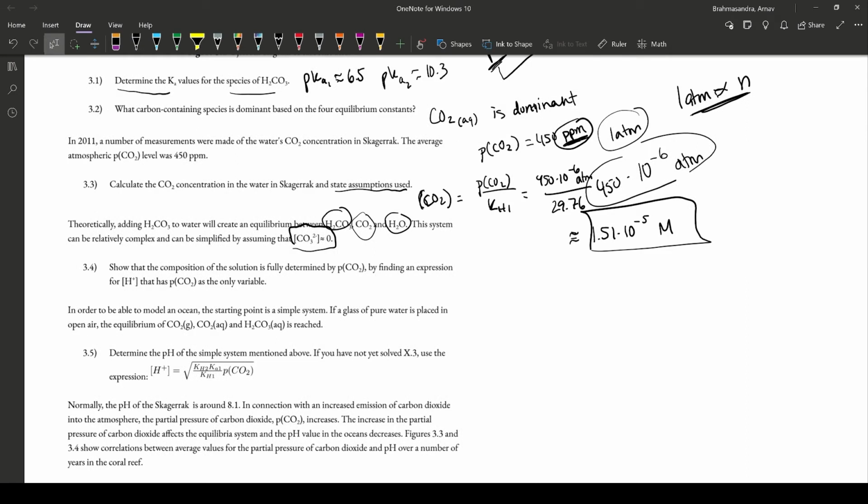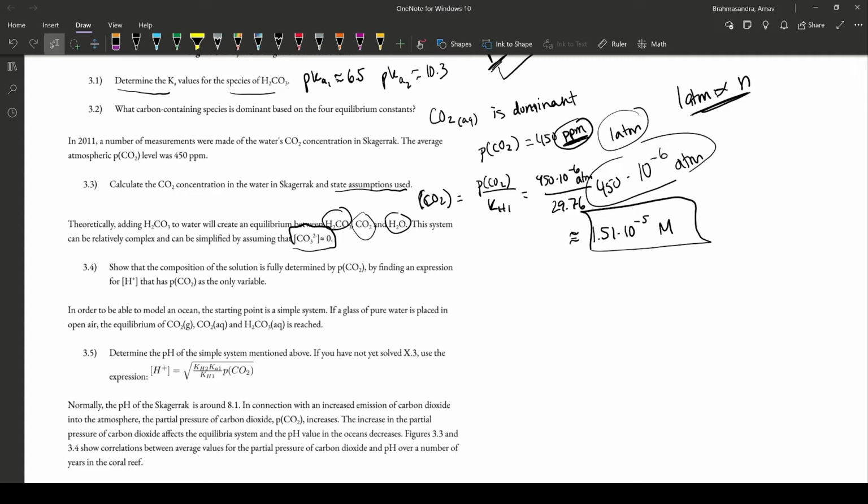Charge balance is basically saying that everything in solution in total must have a net neutral charge, because you didn't add charged things to begin with. You started with something that was neutral, and so you need to end with something that's neutral. So charge balance is just saying all the positive ions in solution must be equal to all the negative ions in solution. The net charge of both must be equal.